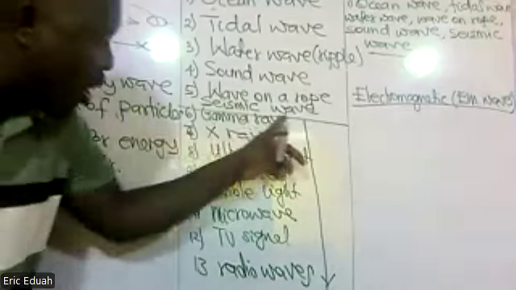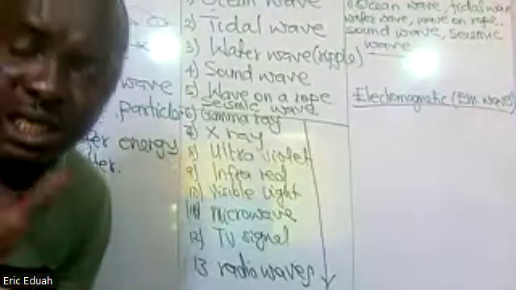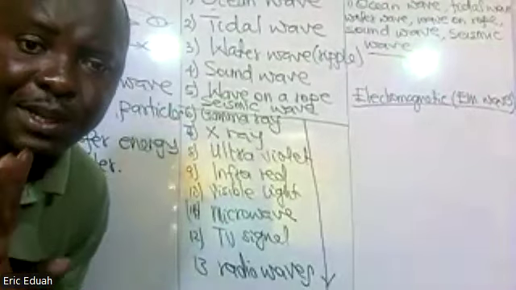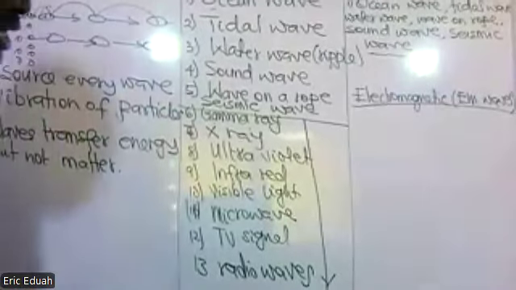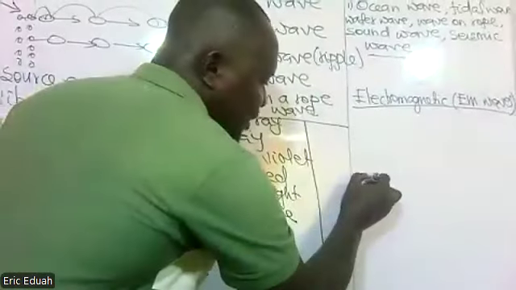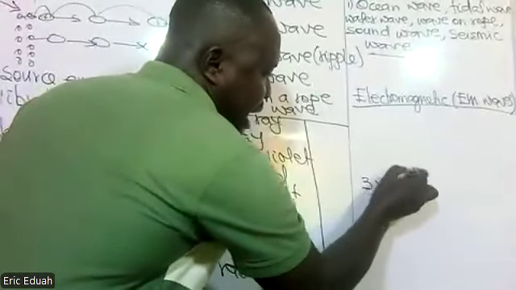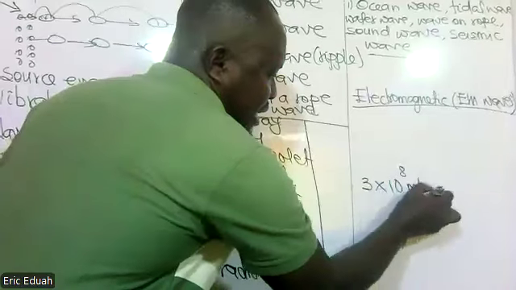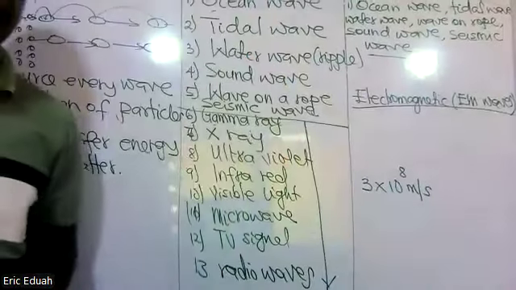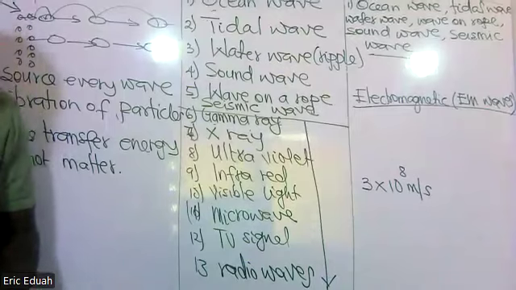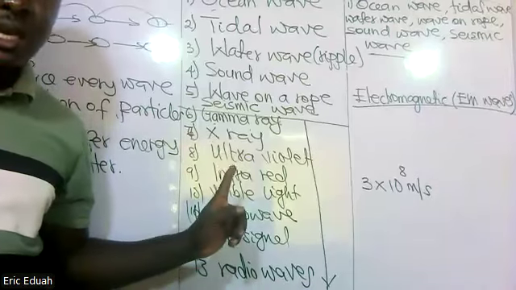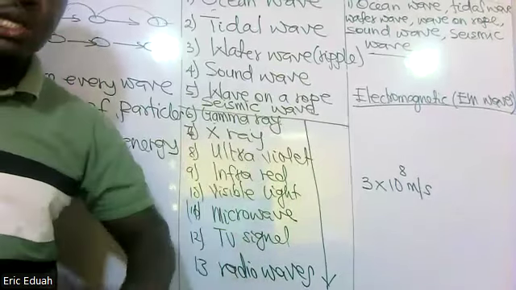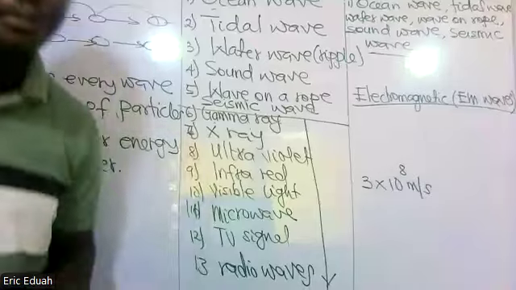And all of them have special properties. The special property they have is that they could all be transmitted at a speed of 3 times 10 to the power 8 meters per second. So all the electromagnetic waves travel at this speed. All the electromagnetic waves do not require a medium before being propagated.